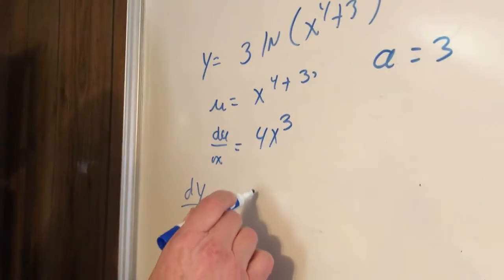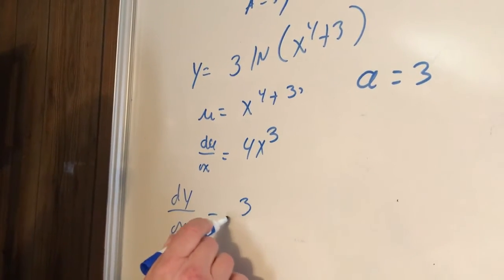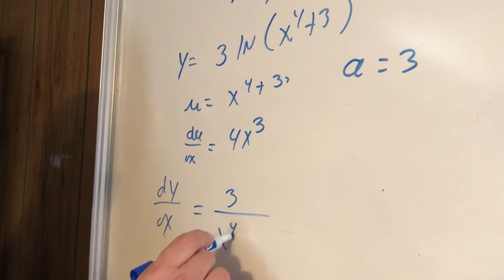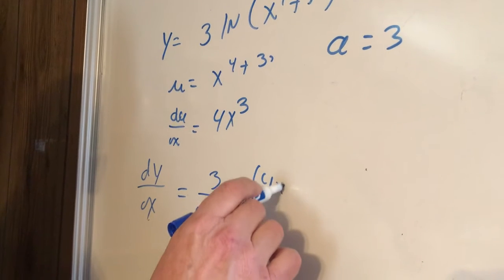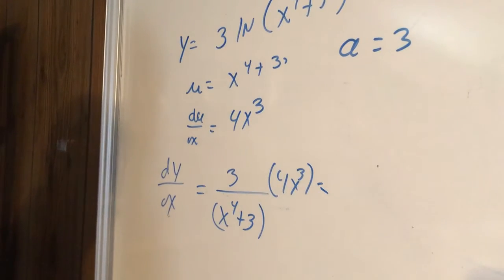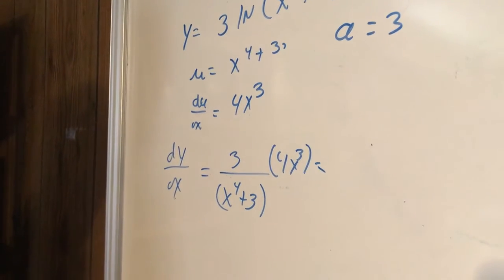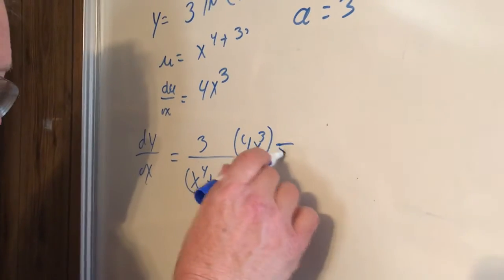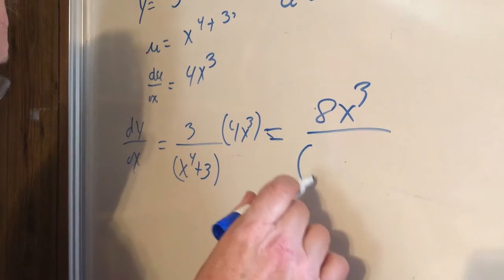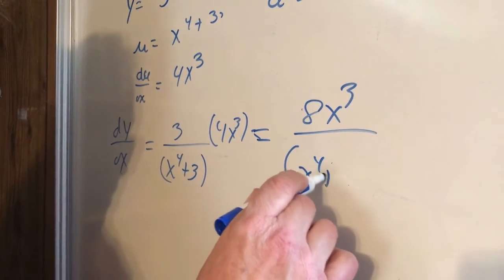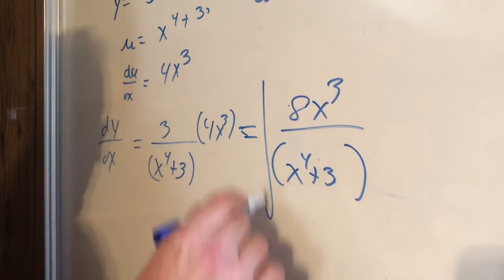So it's going to be a, which is 3, over u, x fourth plus 3. And the derivative was 4x third. So when we put this out, we're going to get 8x third over x fourth plus 3, and that's my answer.